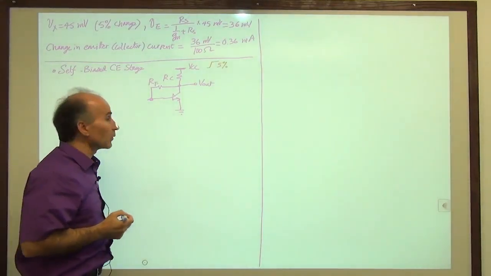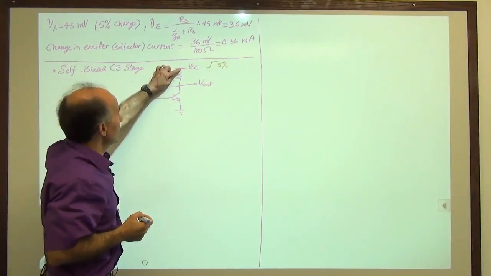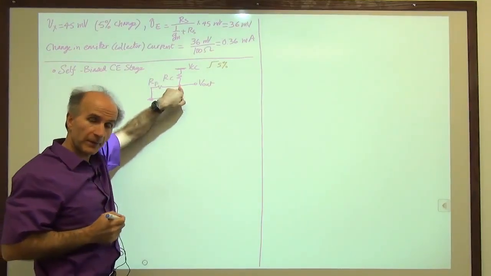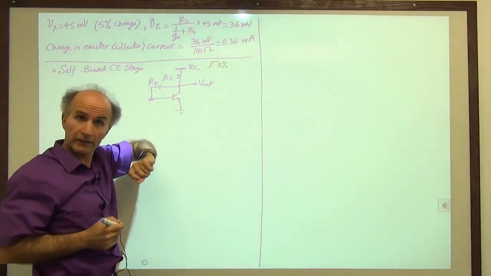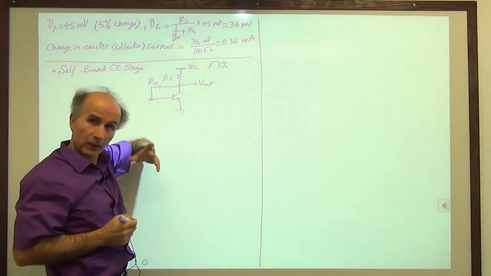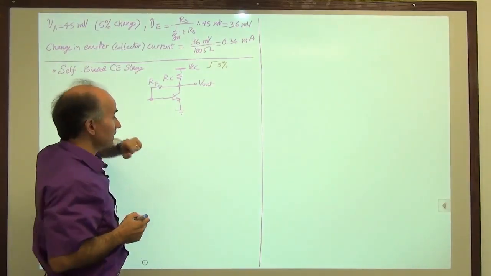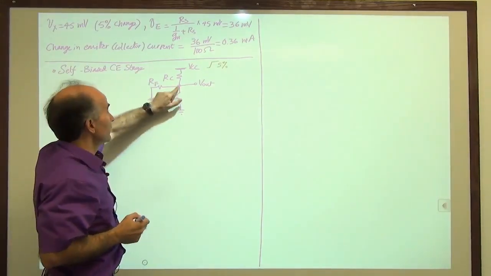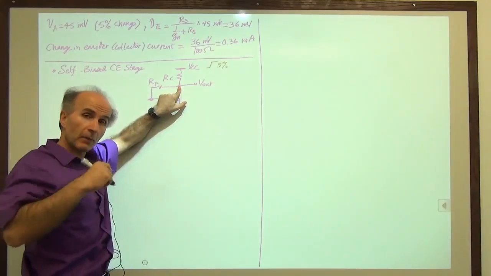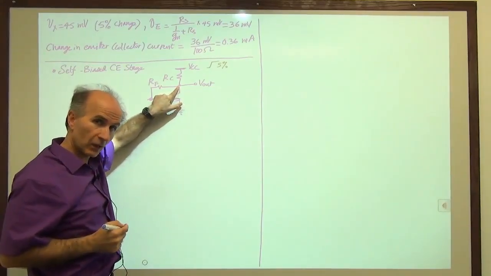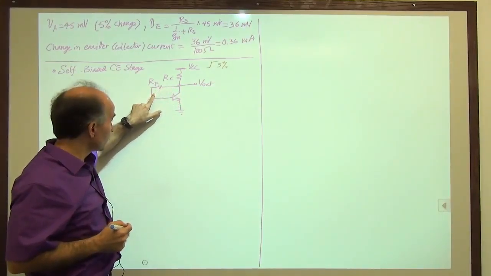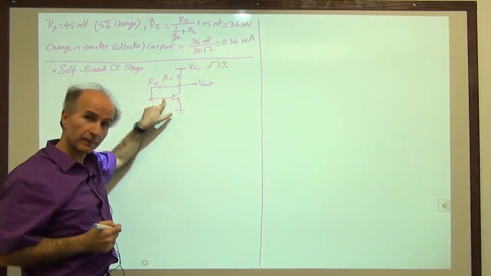Now, you might say, well, if this side changes by 5%, this side probably changes by 5% too. That's what we said about the resistive divider, right? Okay, well, maybe, but let's think of it this way. If this point wants to go up by as much as 5%, then it also wants to change the base voltage.